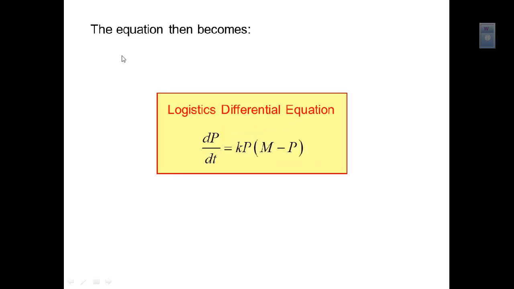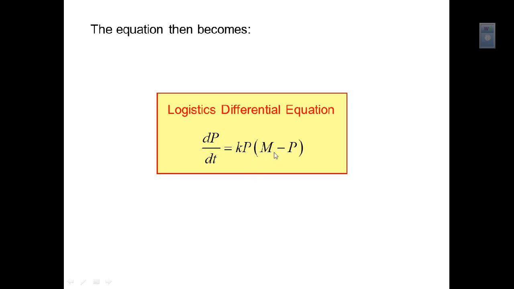All right, then the equation will become dP/dt is equal to kP times (M minus P). The change in population with respect to time is equal to some constant times the population times the difference in the carrying capacity and the population.